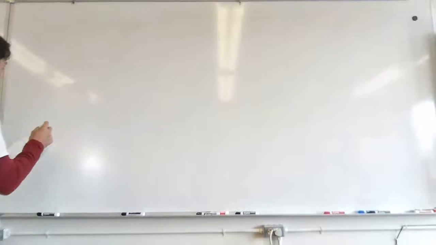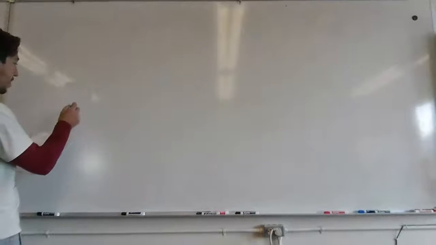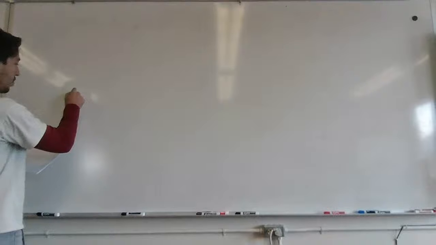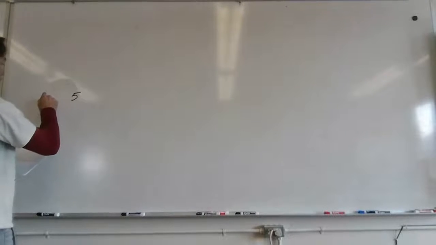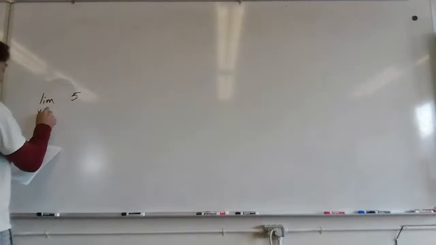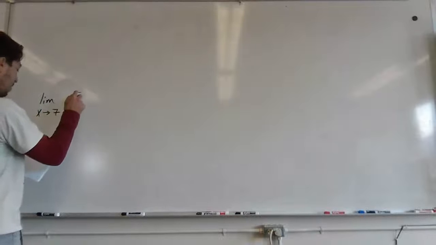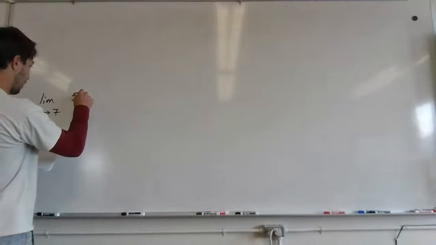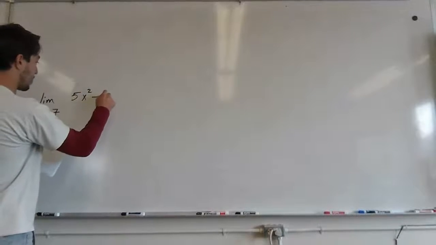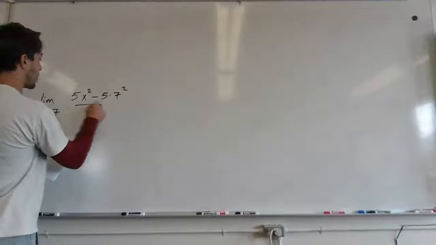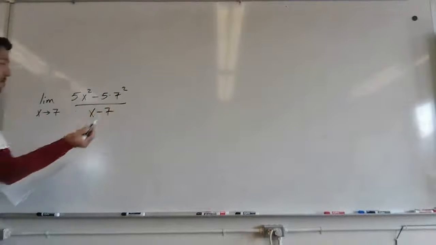I need 23. So 22 we left off with the limit as x approaches 7 of 5x squared minus 5 times 7 squared over x minus 7, right? Yes, that's where we would have left off.